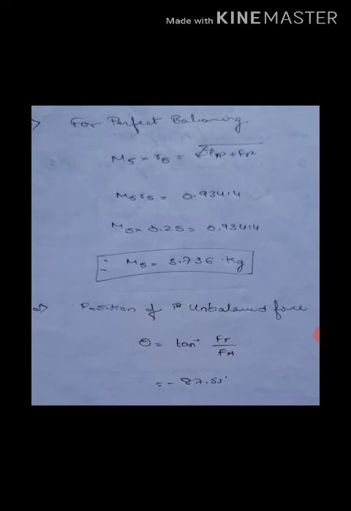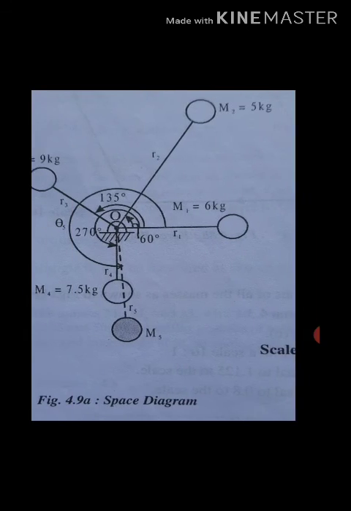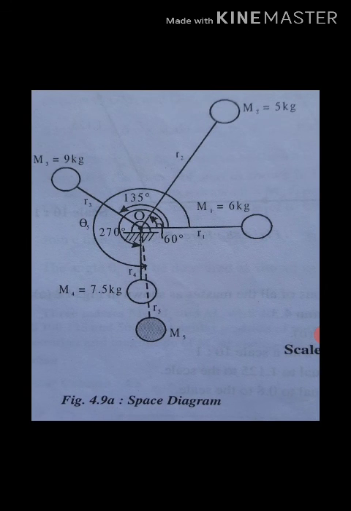Now this was the analytical way. Now solving the graphical way. For that, first we should draw the space diagram. As we know, m1 is at horizontal 0 degrees, m2 is at 60 degrees, m3 is at 135 degrees, m4 is at 270 degrees from m1 as a reference.